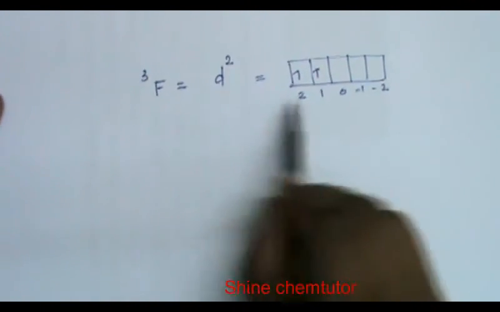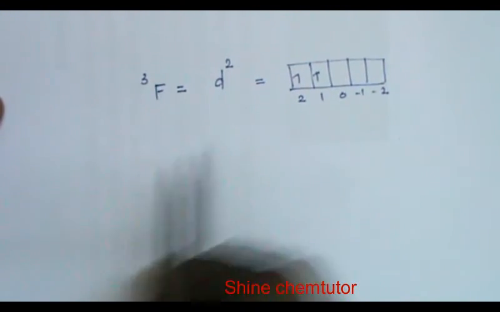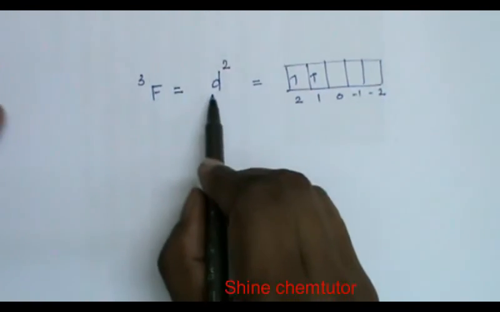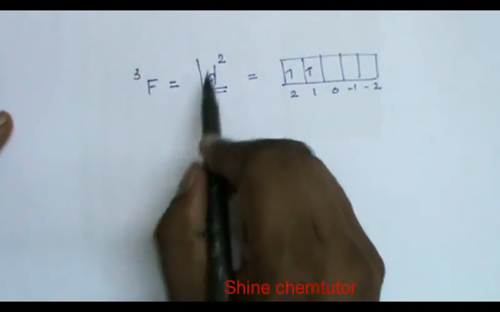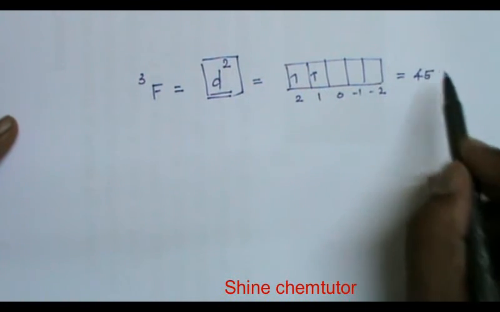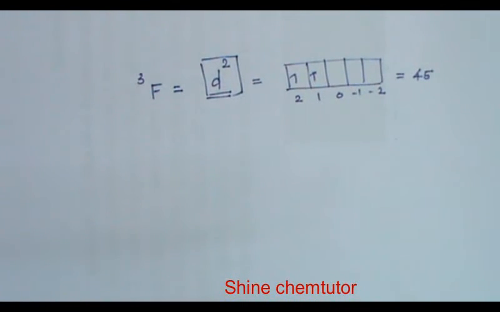So the L value is 3. So F term, the spin, it is triplet. Already we have seen for D2 system, the possible microstates are 45.